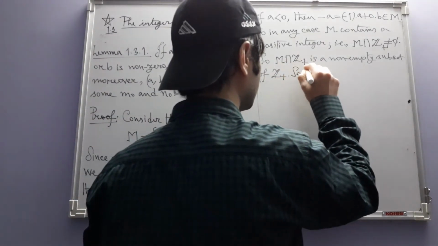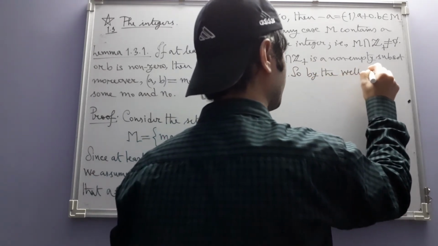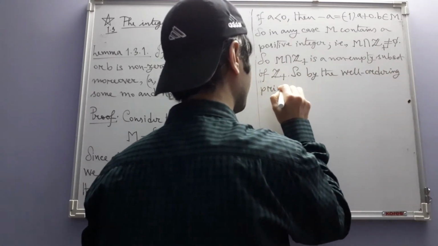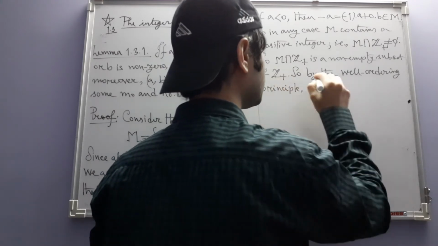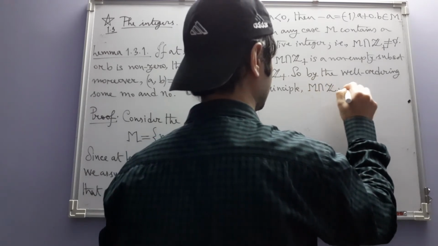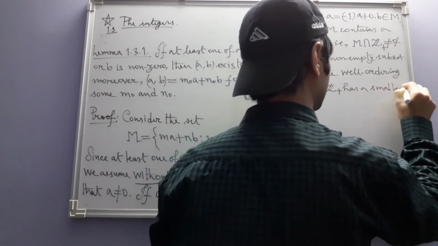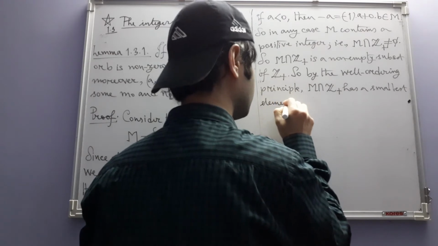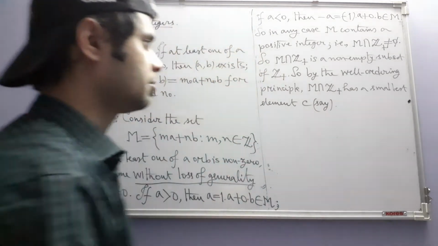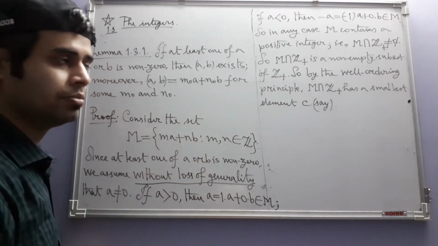So by the well-ordering principle, M intersection Z plus has a smallest element C, say. Okay, so C turns out to be the smallest positive integer in M.